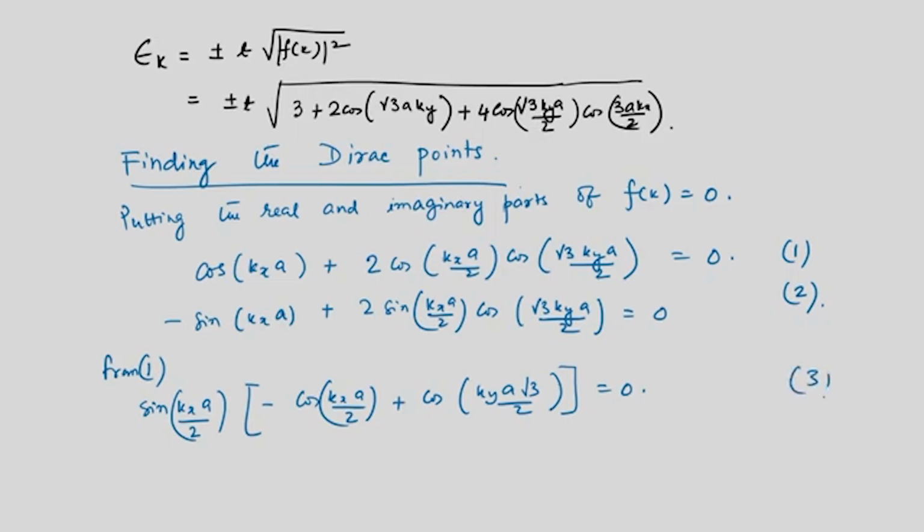Let us call this equation 3. We are left with two options, in which a product of these two terms is equal to 0, which means either sin(k_x a/2) is 0 or the square bracket is 0. And we will see both of them separately.